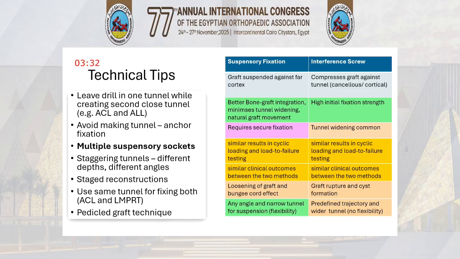Tunnel widening is more common with interference screws, and the outcomes are similar with both techniques. They have a predefined trajectory and wider tunnel, so they have no flexibility of changing the tunnel direction or diameter.